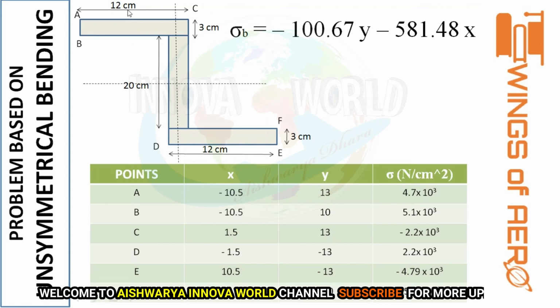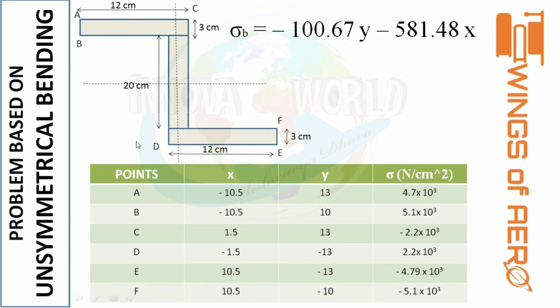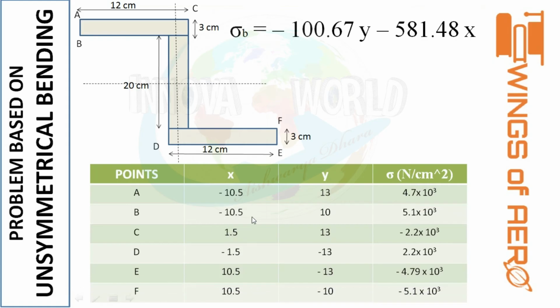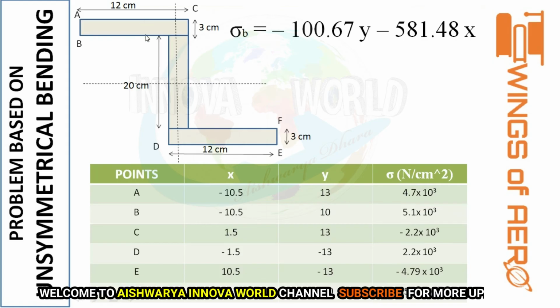Now how much upward from here to here? Total distance is 26, so from here to here the distance will be 13. I've written 13. Similarly, A and B lie at the same x coordinate, so minus 10.5. Now how far has the y distance decreased? 3.